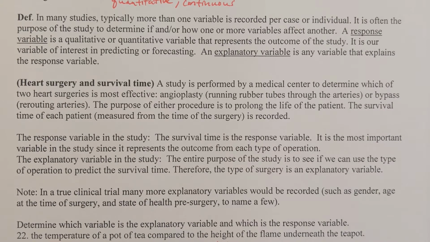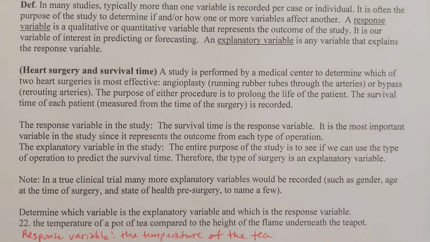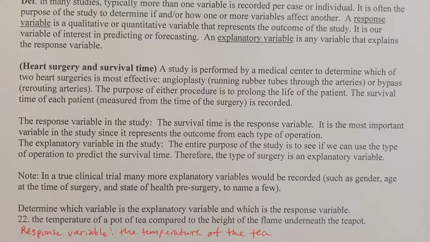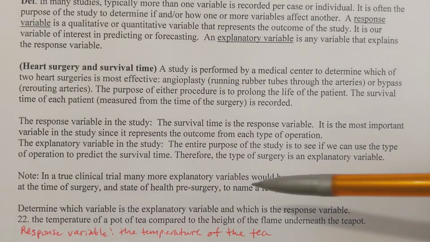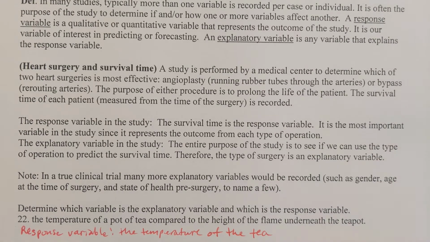Okay, and as a note, it says in a true clinical trial, many more explanatory variables would be recorded. There's many things that could explain how long somebody lived, like gender, age, type of surgery, the state of the health pre-surgery, just to name a few.